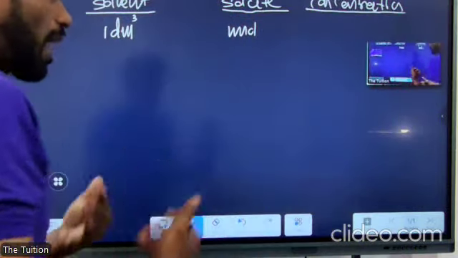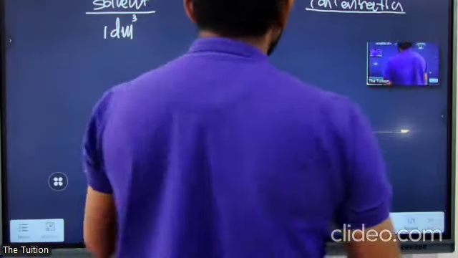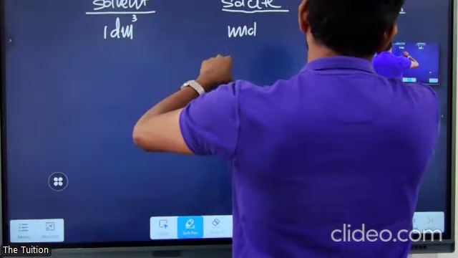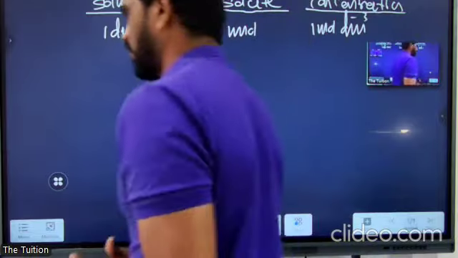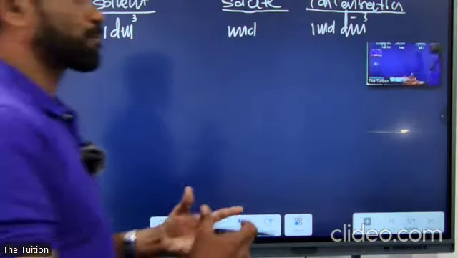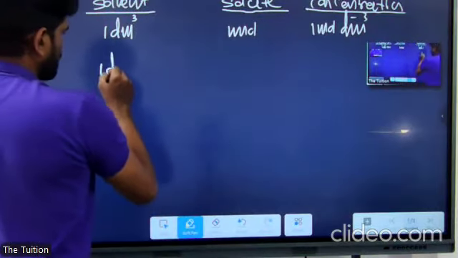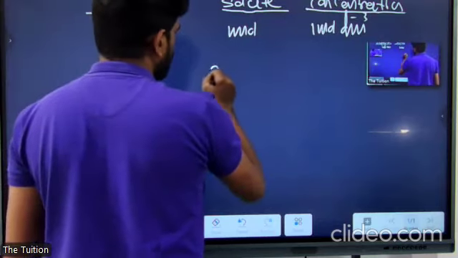This is not a hard section. This is not a hard part in your syllabus. The amount of solute with respect to solvent: 1 cubic decimeter, 1 mole, is 1 mole per cubic decimeter. Then 1 cubic decimeter, 2 mole.